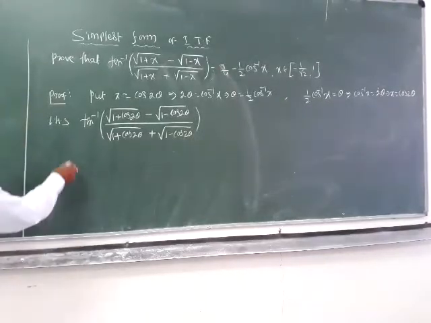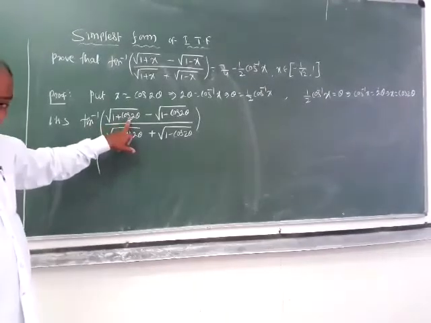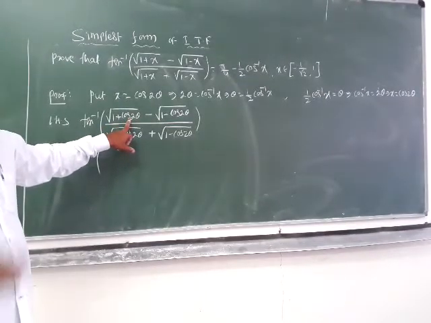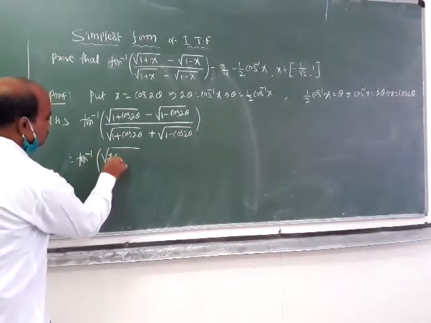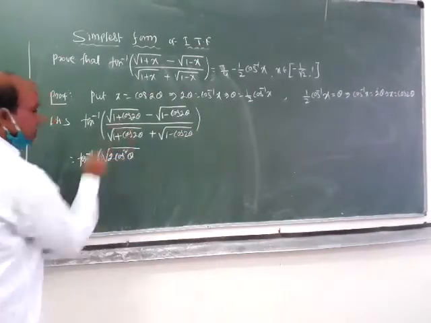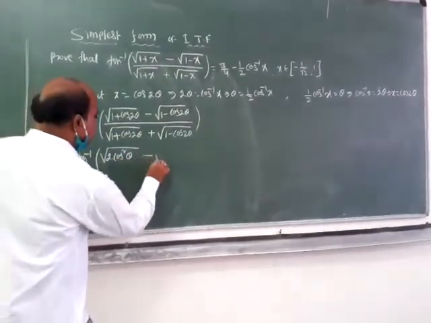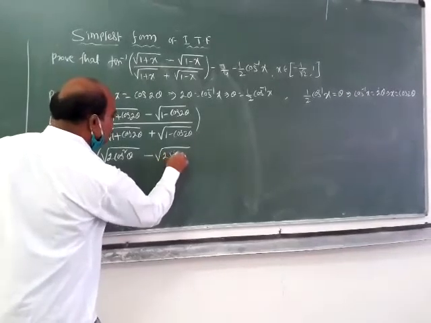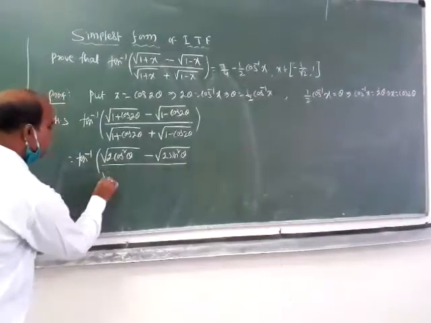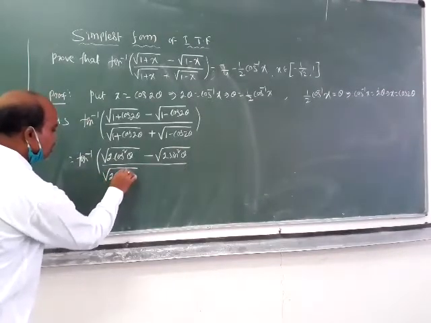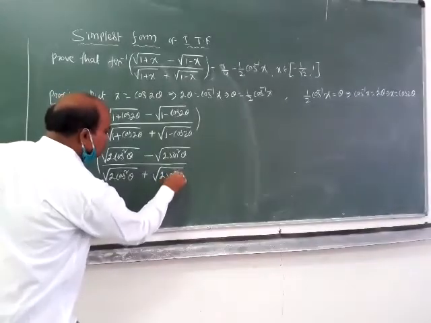So tan inverse of, the formula is 2 cos square theta. So under root over 2 cos square theta, minus under root over 2 sin square theta, divided by the same formula, 2 cos square theta plus under root over 2 sin square theta.